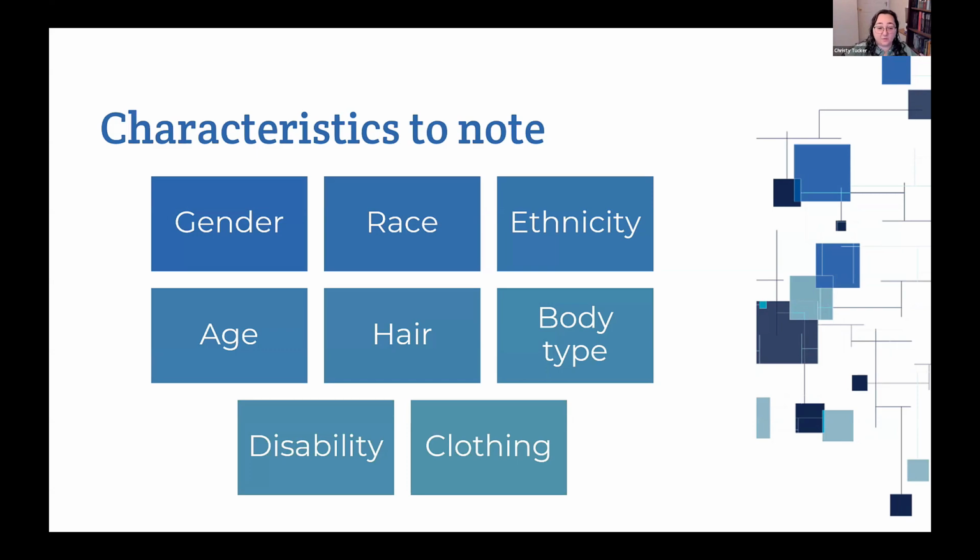Body type is another one. I don't think that's come up too much in our chat, but stock images tend to be model thin, and we can do better than that. Disability representation, we've talked about some, and I have some more examples of that later, but clothing is also part of representation.